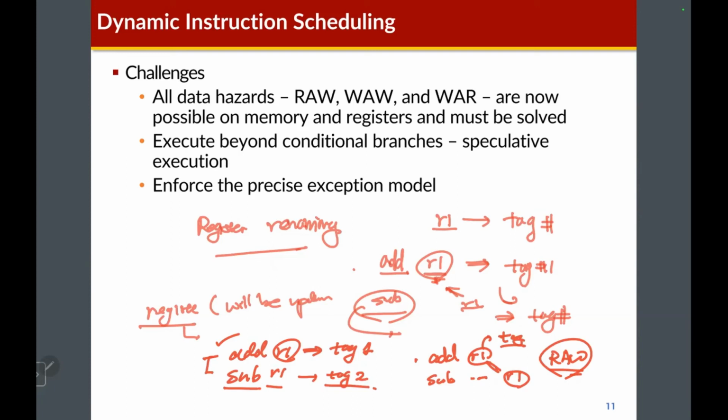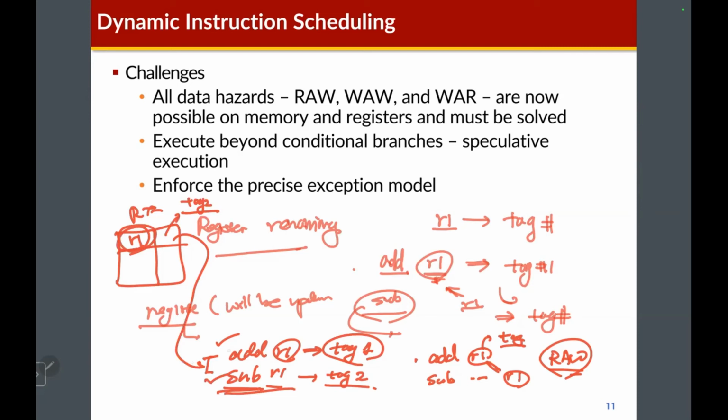So the register file first has tag number 1 when the add instruction is dispatched. But when the sub instruction is dispatched, this tag is updated to tag 2, a different tag number. So when the sub instruction completes its execution earlier, R1 has the value of the sub instruction, not the add instruction.